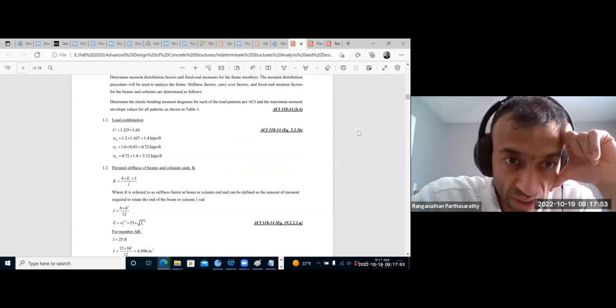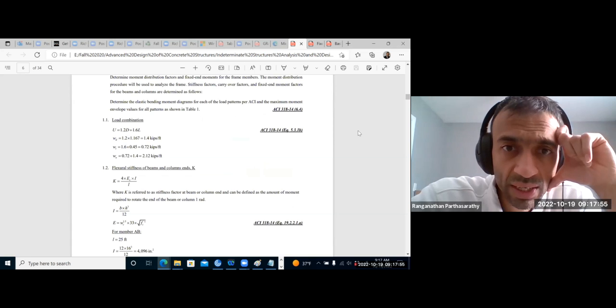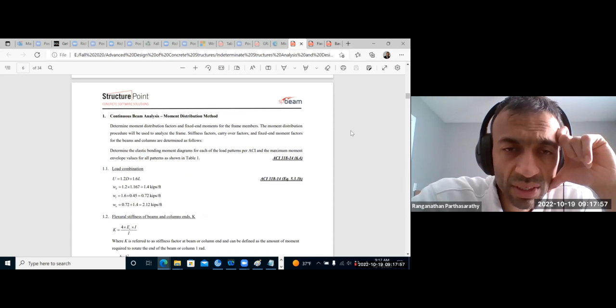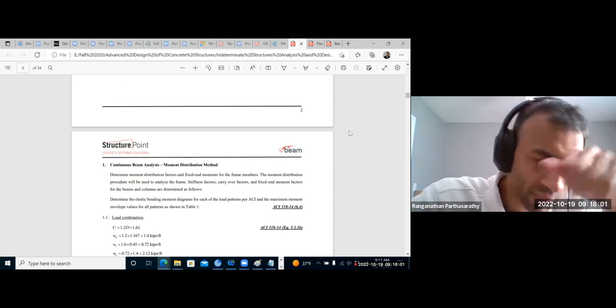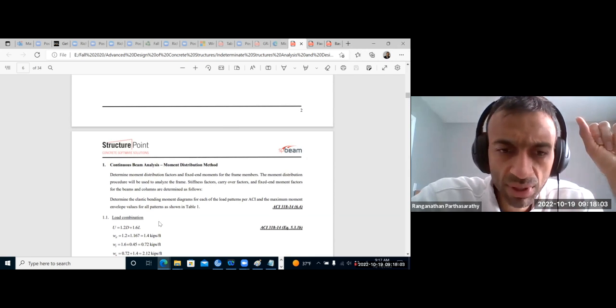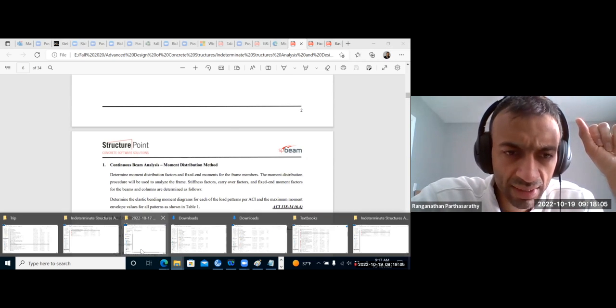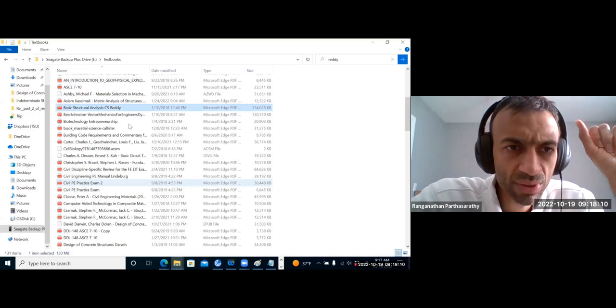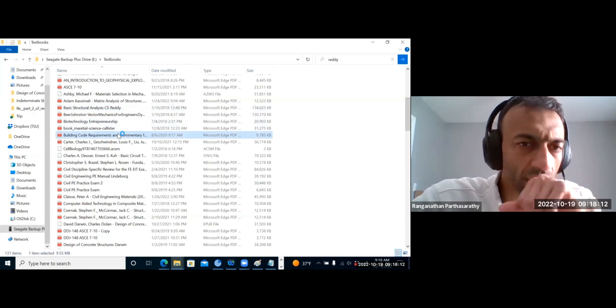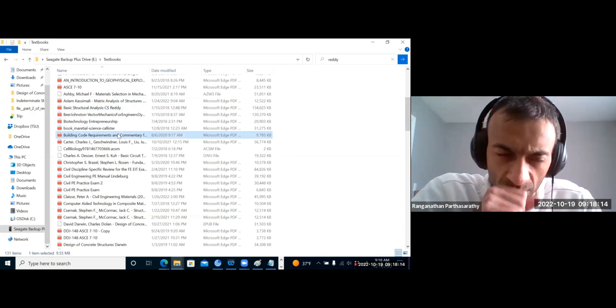Okay. So first thing is that whenever we have a continuous beam, there is an important point. Last time we discussed it, but maybe we want to revisit that once more.